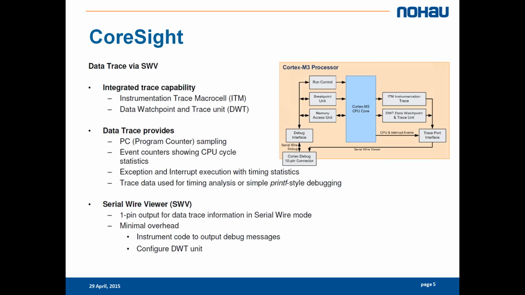You can show exceptions and interrupts with timing statistics. You can have some trace data from the ITM block, so you can do simple printf style debugging on ITM channel 0. I will show you this later on. And the RTOS I'm using today, the KEIL RTX RTOS, uses channel 31 to send debug and trace messages.